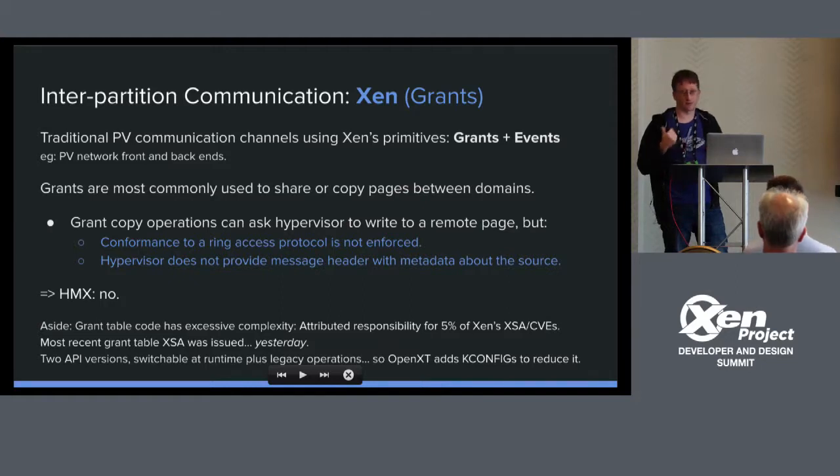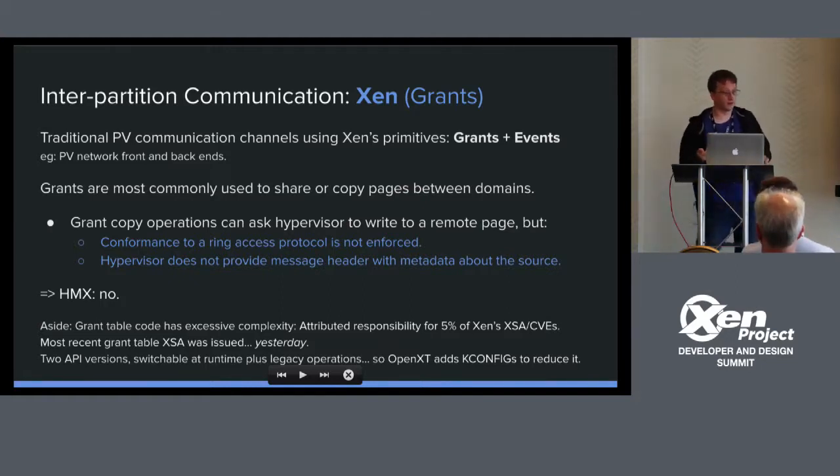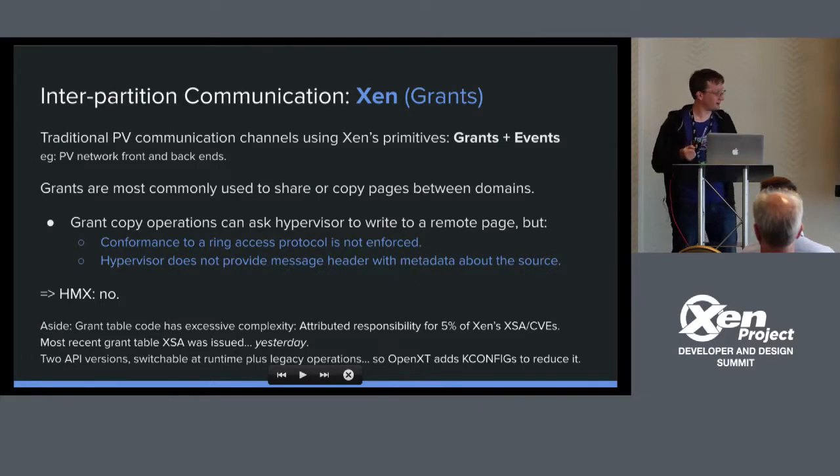There's also, at least on Intel platforms, 2 different APIs to the grant tables, which you can switch between at runtime. And it changes the layout of the shared memory region. It's really not necessarily a good idea.